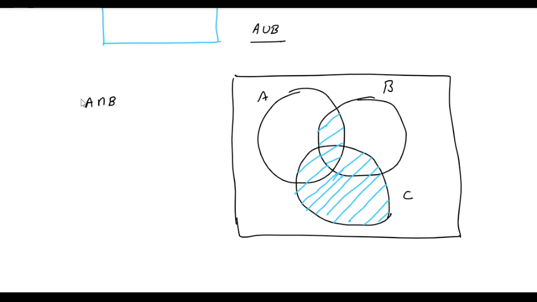Acha, it's A intersection, B union C, with a bracket. Okay. Is it right, everyone? Or do you think it's different? Yeah, it's 100% right.